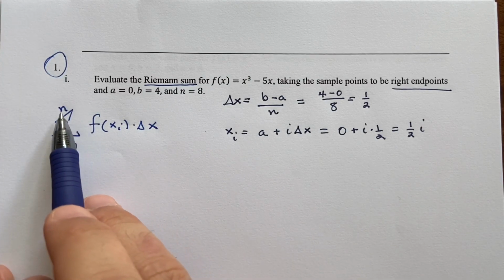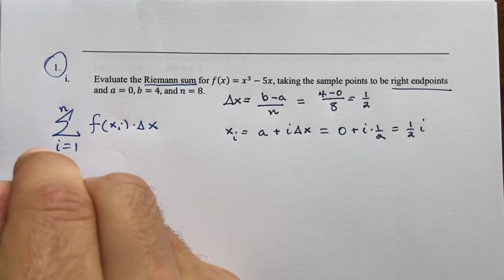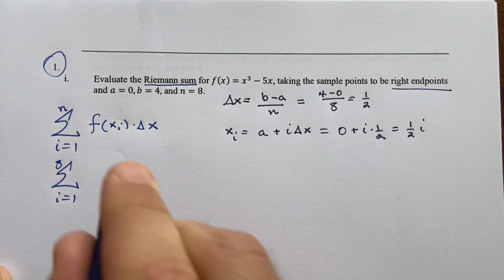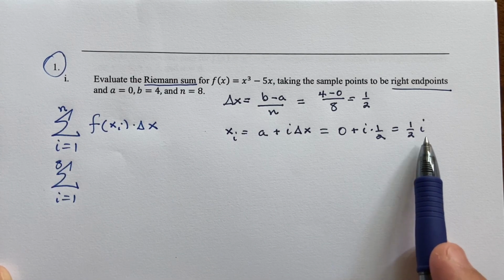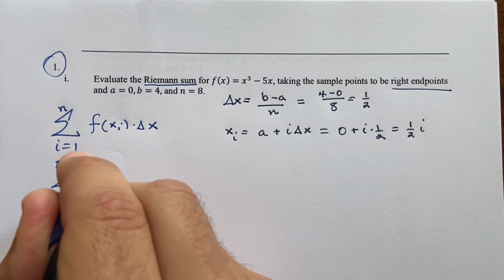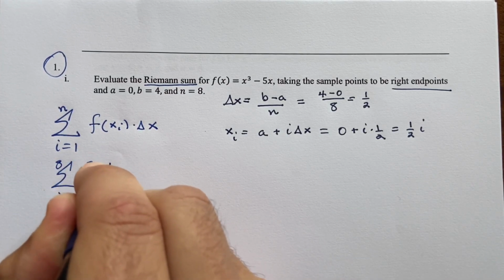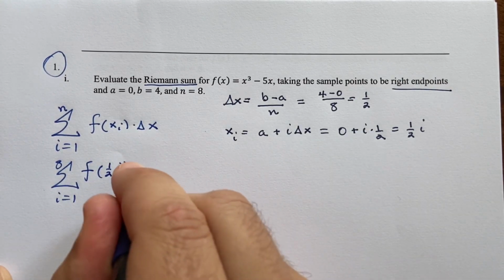So in particular here we have n as 8, we have x sub i as 1/2 i, and we have delta x as 1/2.